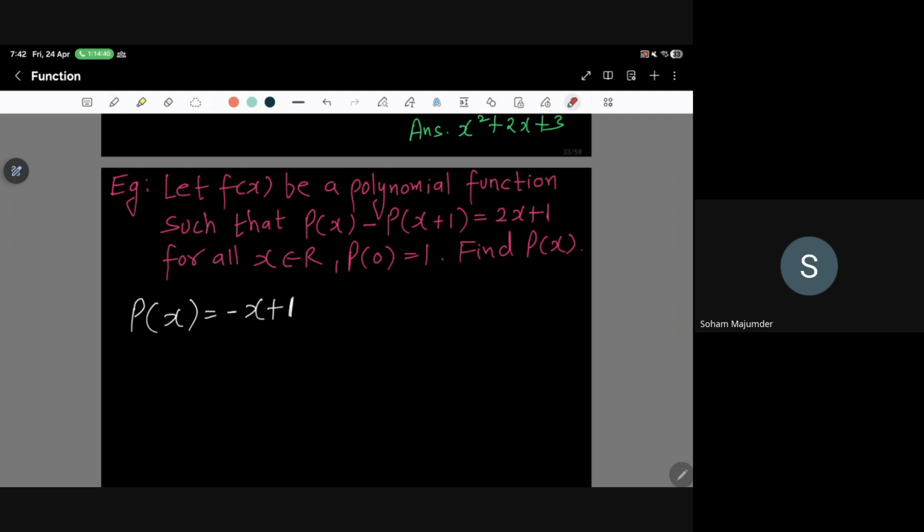So is it satisfying this functional equation? So p of x plus 1 will be, so that becomes minus x. So when you subtract these two. No, sir, no mistake.